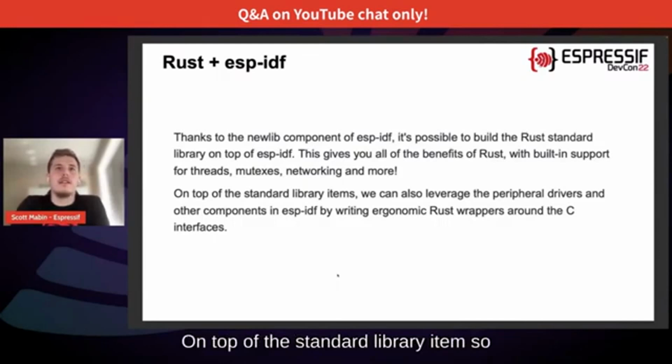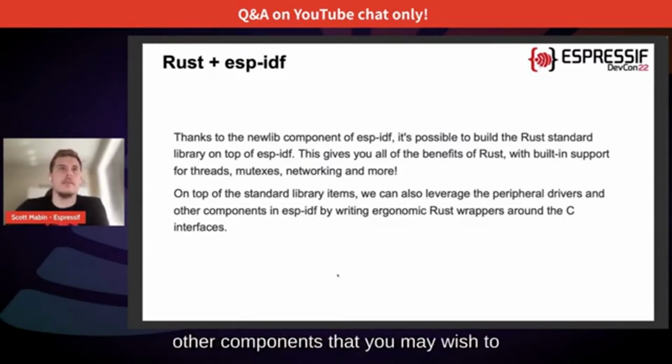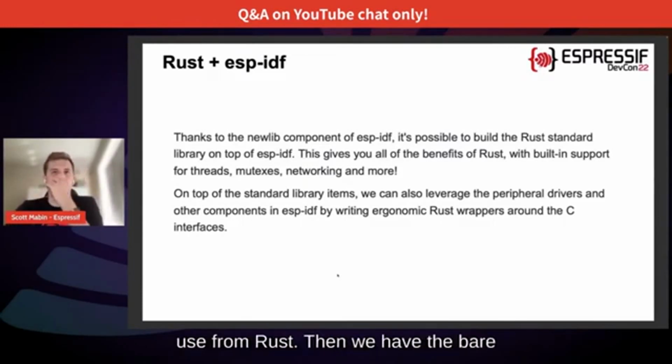On top of the standard library items, though, we can also leverage the peripheral drivers and other components that exist in ESP32. So by writing Rust wrappers around the raw C interfaces, we can essentially call into ESP32 and drive peripherals or certain other components that you may wish to use from Rust.